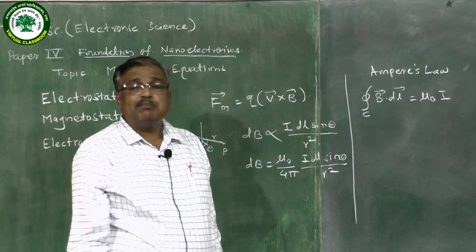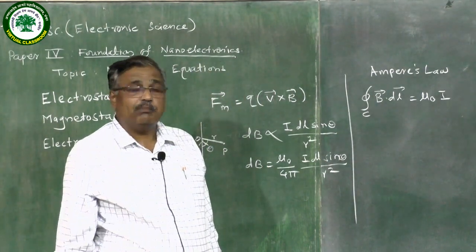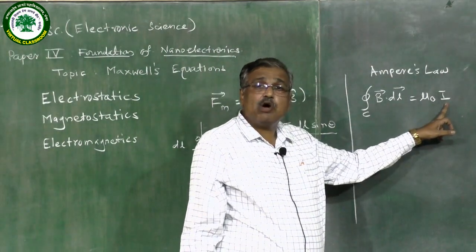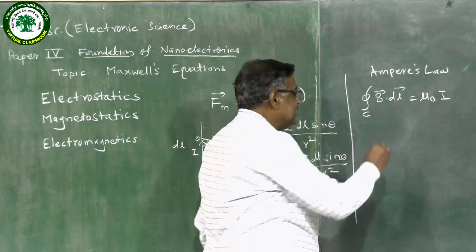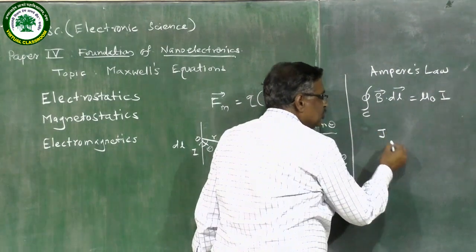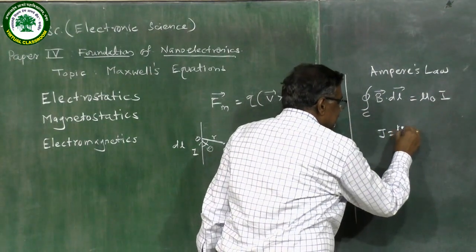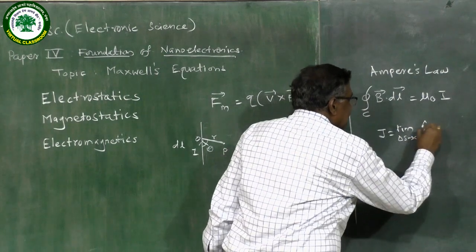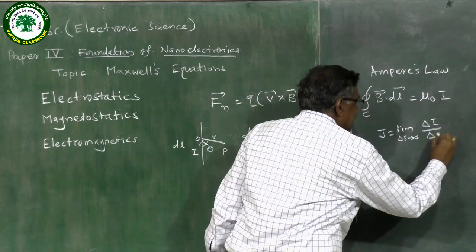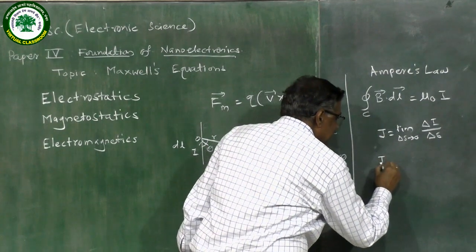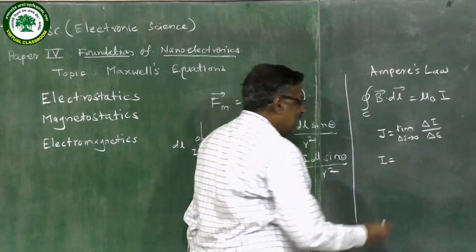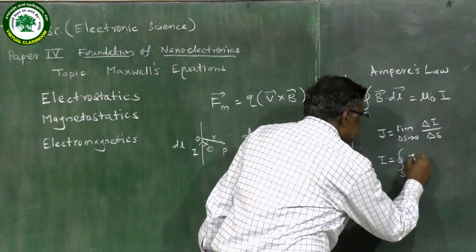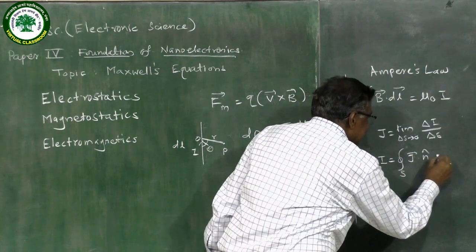This equation can also be transformed into differential form. To obtain the differential form, we express the current in terms of current density. The current density is denoted by J. It is the limit as delta S tends to 0 of delta I divided by delta S. Therefore, we can easily calculate the current I as the integral over S of vector J dot n ds.